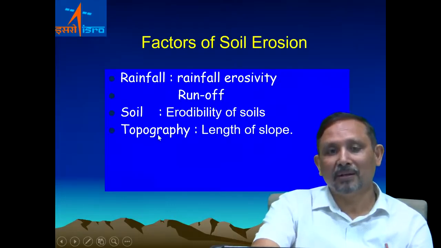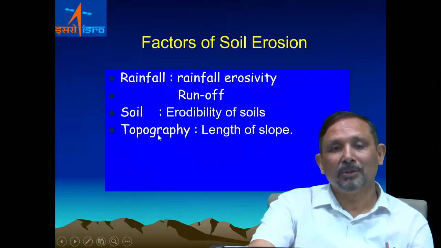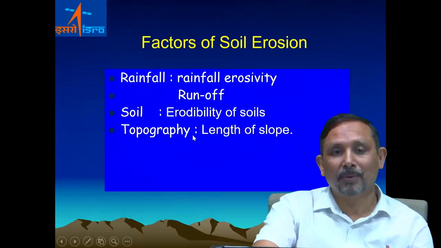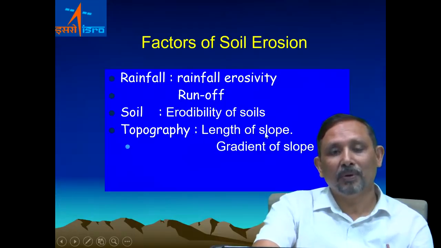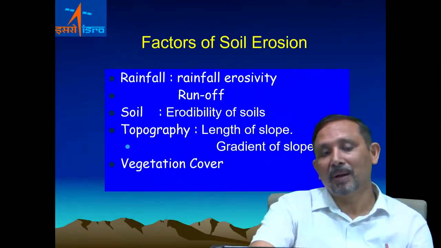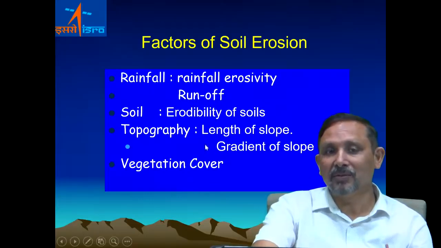Topography is another factor, meaning steep slope and gentle slope. Slope is one of the important parameters governing erosion. So the length of the slope and the gradient of the slope, two parameters, are important. Then vegetation cover: whether it is covered under forest or agriculture, or which type of vegetation. Sometimes there is degraded vegetation, or dense forest, dense vegetation.